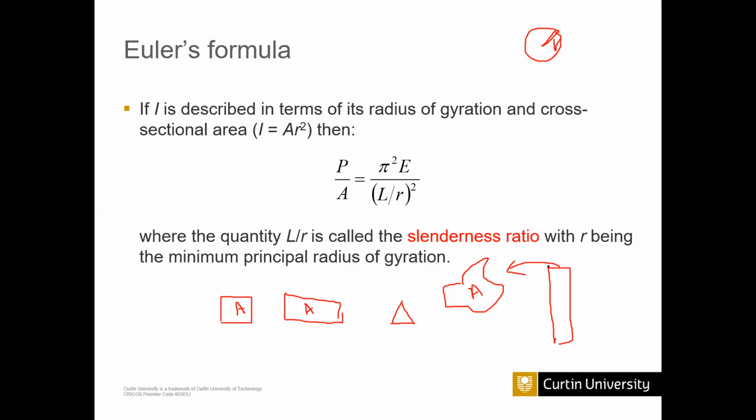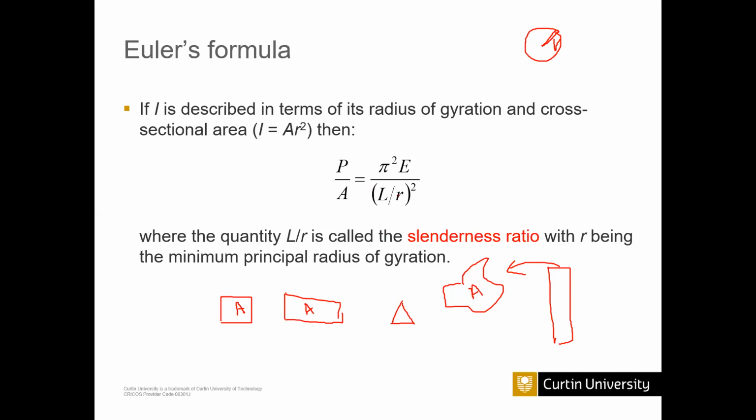Normally we don't have a circular cross section all the time, but we get the equivalent circular cross section, and then we have the equivalent radius. That radius and the column length ratio, the length to radius of gyration ratio, we call the slenderness ratio. Keep it in mind.